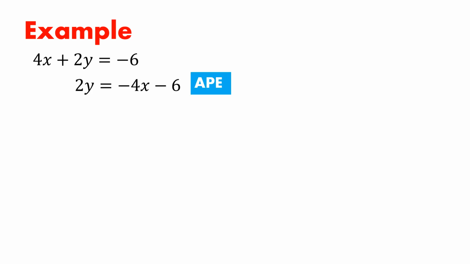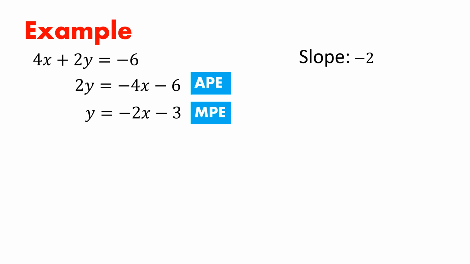We apply the addition property of equality, followed by the multiplication property of equality. The slope of the equation is negative 2 and the y-intercept is negative 3.